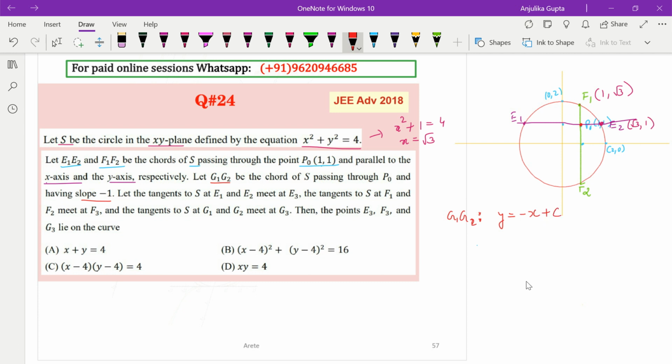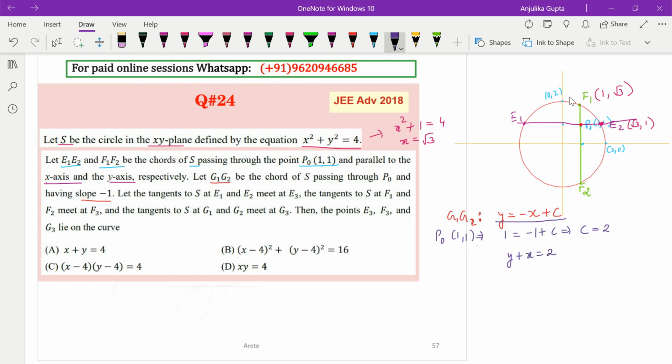This is the equation of chord G1, G2. And we are going to use the fact that this chord passes through the point P naught, that is 1, comma 1. So we are definitely going to insert that point. I get 1 is equal to minus 1 plus C. Here I get the value of C to be 2. So the equation of G1, G2 would be y is equal to minus x plus 2. Or I can write y plus x is 2.